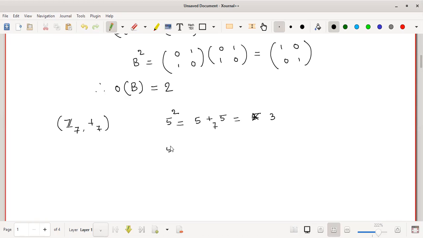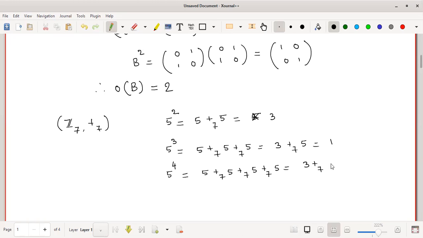What will be 5 cube? 5 cube is 3 addition modulo 7, 5. What is that? 1. What is 5 to the power 4? It is 3 addition modulo 7, 3.